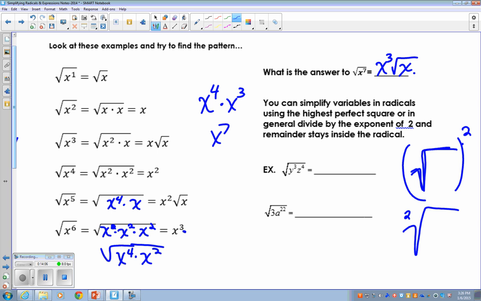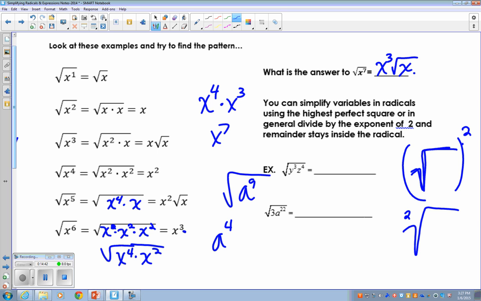If I have a letter, let's say we have A, and I'm dealing with an exponent of 9, and I'm talking about the index of 2, I'm trying to ask myself, 2 can go into 9 how many times? 4 times, because 2 times 4 is 8, right?